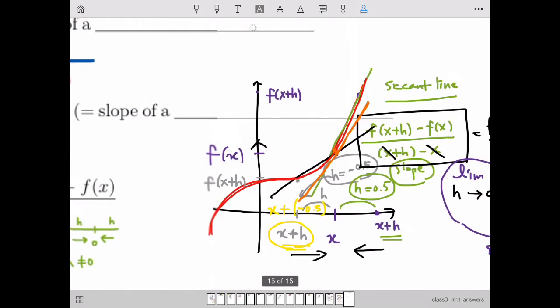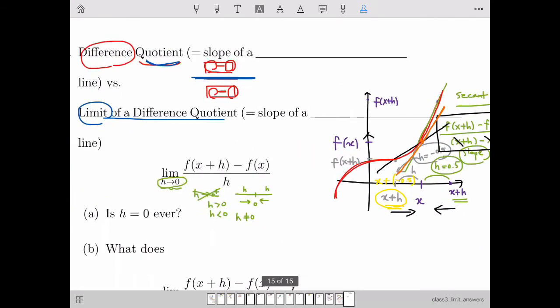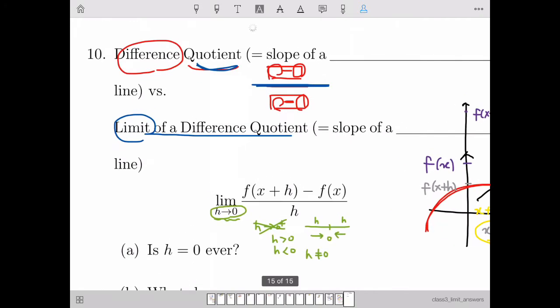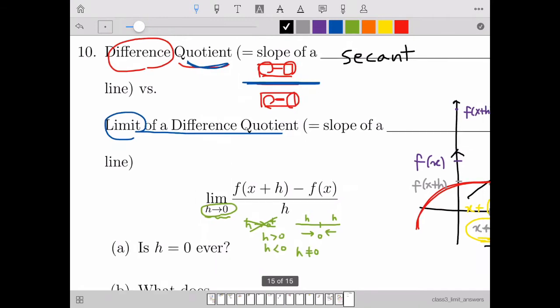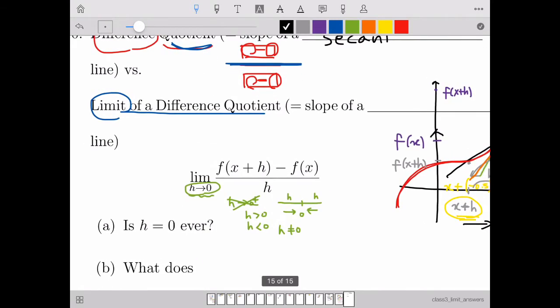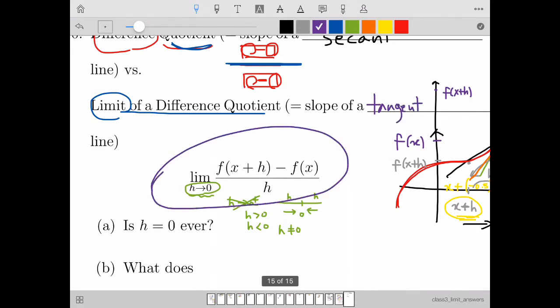So let's fill in the blanks. So difference quotient is slope of a secant line, right? Secant line. And limit of a difference quotient is slope of a tangent line. And then that was the slope of the tangent line. Yeah, so you will have to memorize this definition.